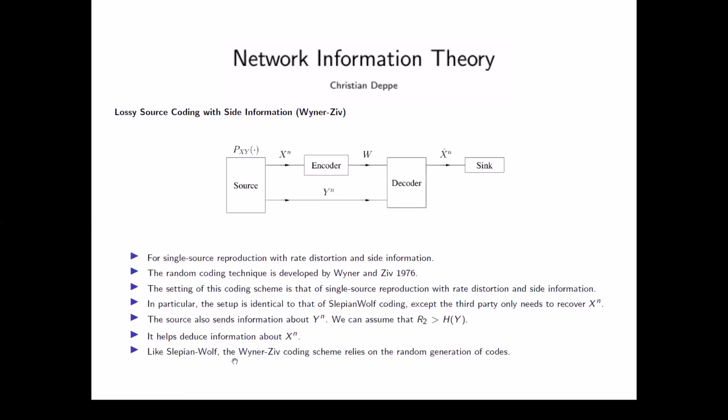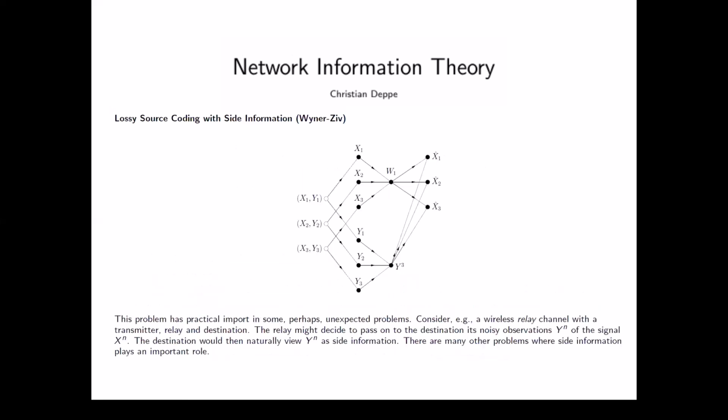Like in Slepian-Wolf, the Wyner-Ziv coding scheme relies on random generation of codes. But you will also learn some new special trick in this case. Let's look at the graph for this. Let's look at length 3, small n equal to 3. So the source outputs x1, y1, x2, y2, x3, y3. Then you see that here is the channel.